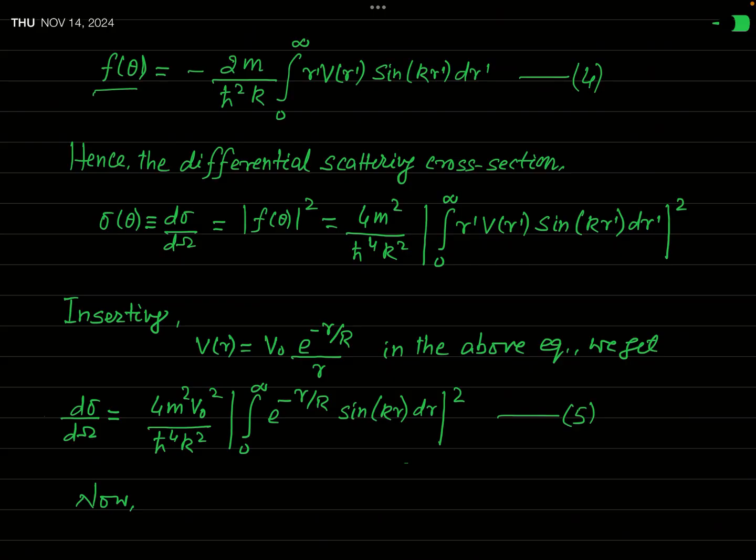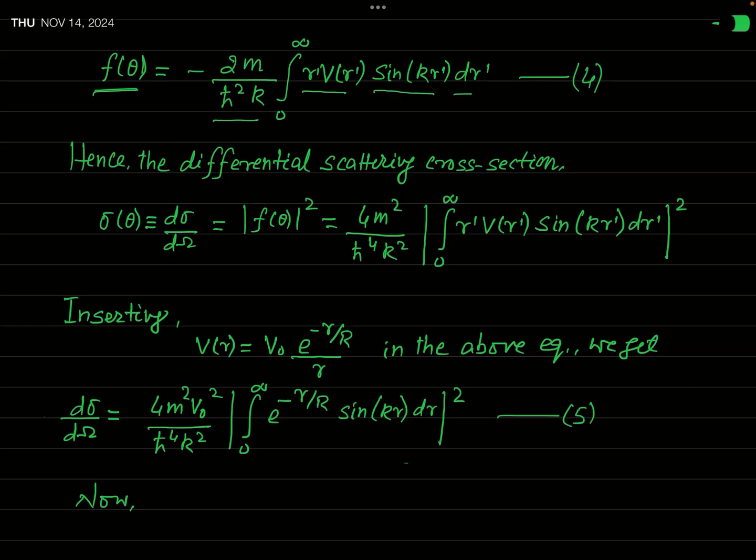But now I am writing only f of theta, because now it is found that this f is only a function of theta in this case. Okay. And so f of theta, after substituting that value, you will get this is minus 2m over h bar square kappa times integral 0 to infinity r' V of r' sin kappa r' dr'.